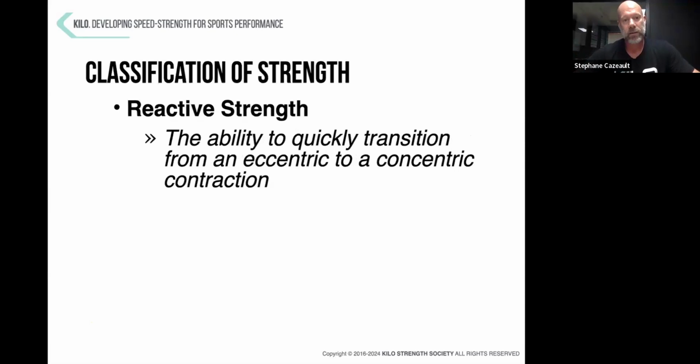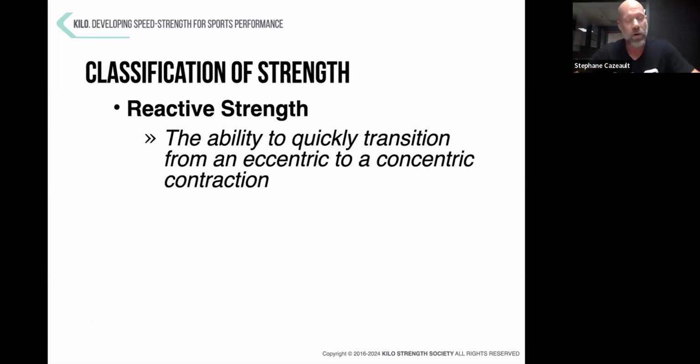Now, the other strength quality is reactive strength. This is your ability to quickly transition from an eccentric to a concentric contraction as fast as possible. You're basically storing kinetic energy during the eccentric contraction within the tendons and the tissue to allow you to use that elastic energy to generate a more forceful and faster concentric contraction.